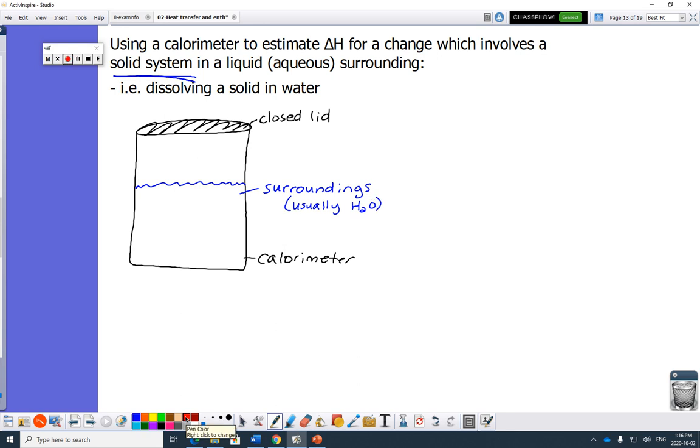And then draw some sort of system. You can draw whatever you want. It could be dissolving, it could be reacting with each other inside water, it doesn't really matter.